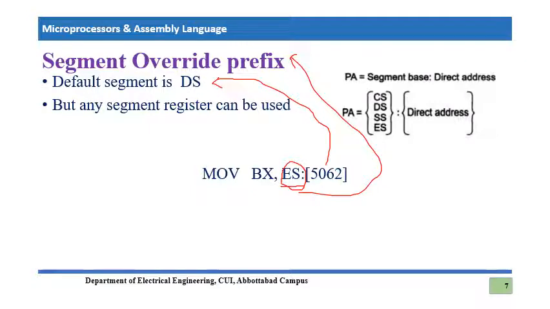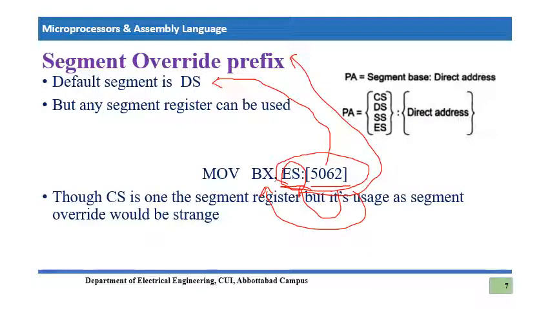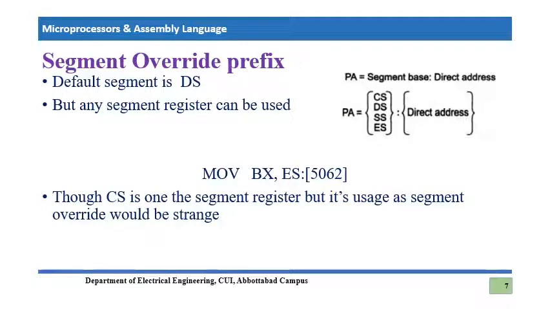That means this 5062 location will be part of the extra segment. So this time 5062 will be the effective address for the extra segment, and that memory location will behave as the source, and the data content of this location will be transferred to the destination operand, which is BX.